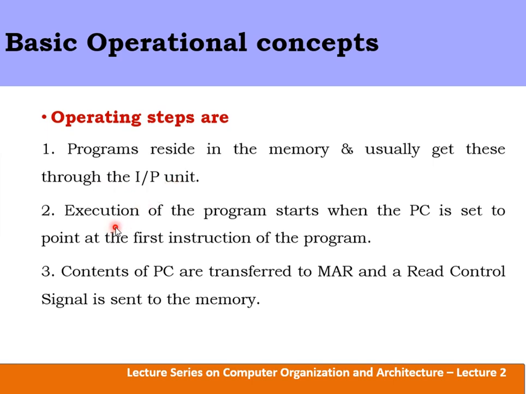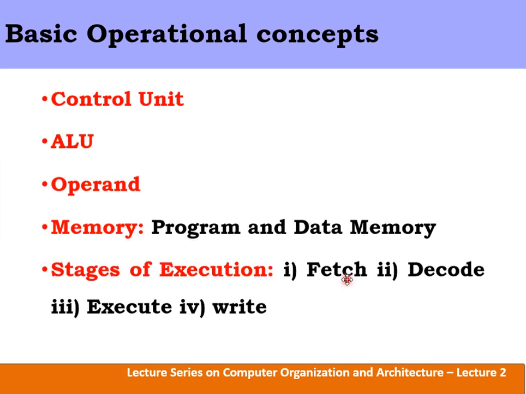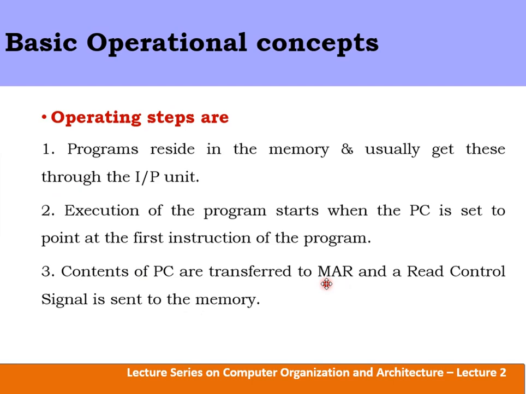Now execution has to begin. If a program needs to be executed, the second operating step is that execution of the program starts when the PC is set to point at the first instruction of the program. So I have to go for the first stage. What is the first stage? Fetch stage. If I want to fetch that instruction from the memory, then I have to know its address.